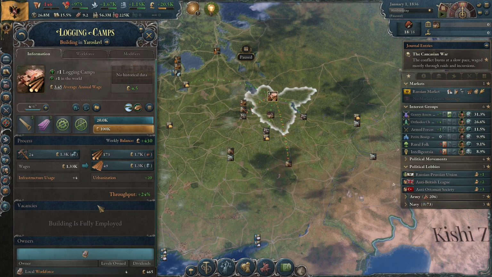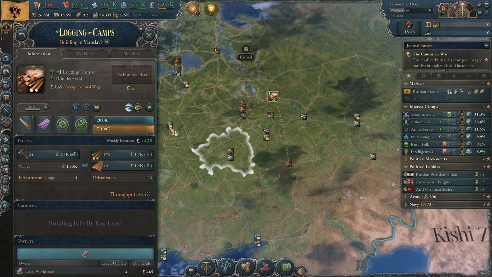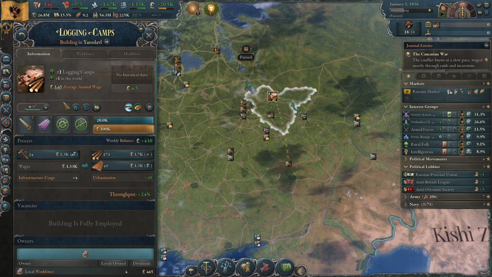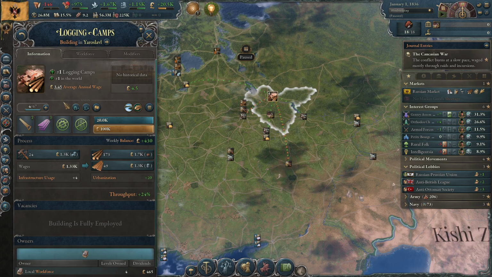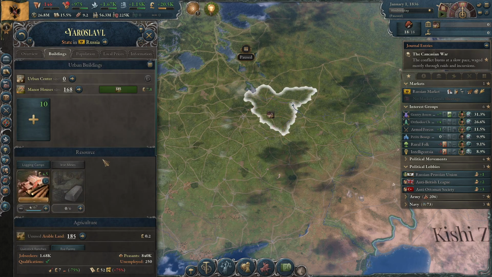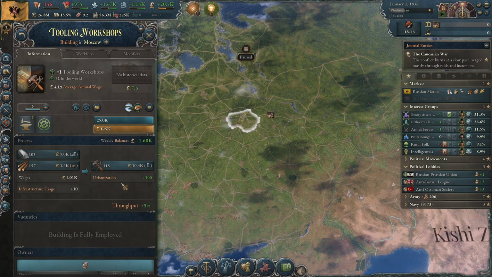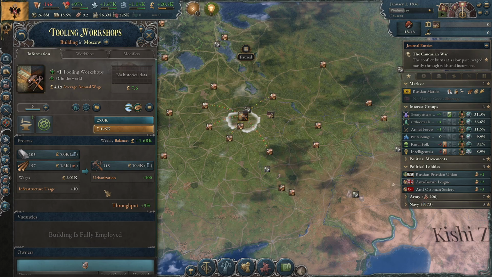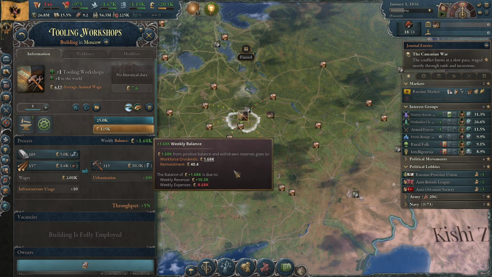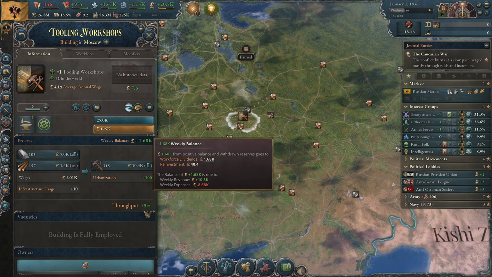This is especially useful on limited resource deposits rather than urban buildings because it lets you extract more of those resources from the same level. But this can be good for your urban buildings too because it allows them to produce more goods at the exact same level with the exact same employment, and usually almost always leads to a higher weekly balance, allowing them to pay a higher wage.